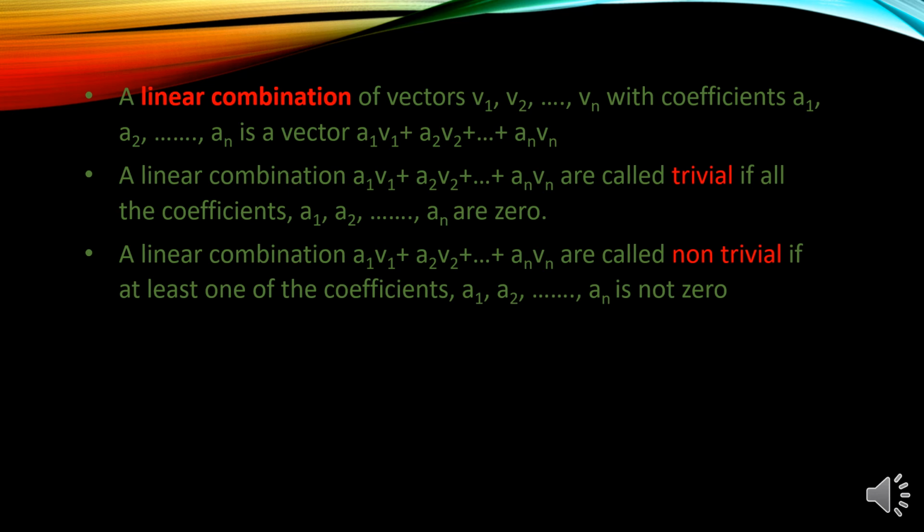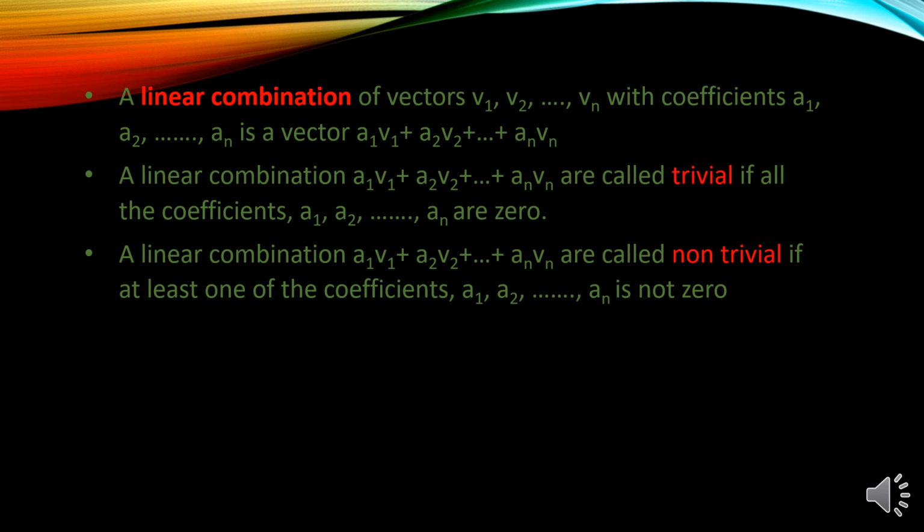In other words, you may have a1 not equal to 0 but the rest equal to 0: a2 equals 0, a3 equals 0, up to an equals 0. Or maybe a1 is equal to p and a2 is equal to q, but q should not be equal to 0, and then the rest, a3 up to an, equal 0. So at least one of the coefficients is not 0, and then we call the linear combination non-trivial.